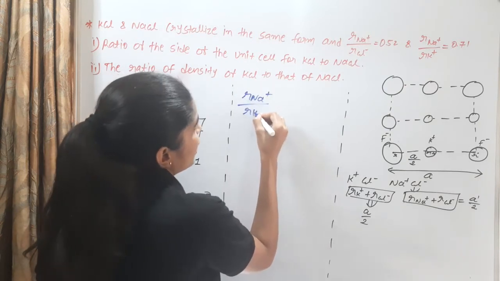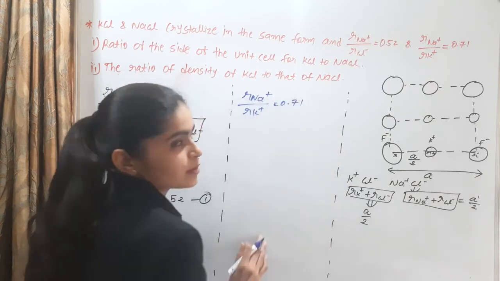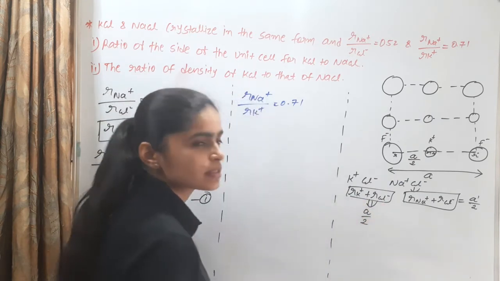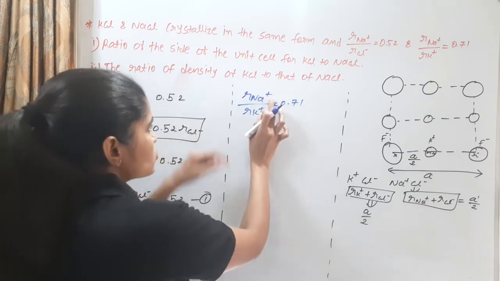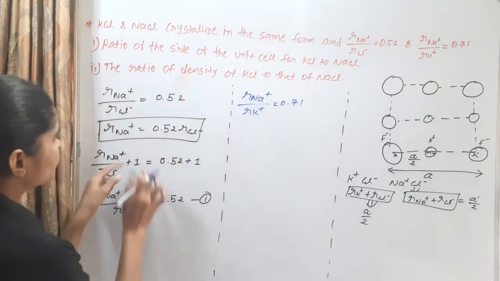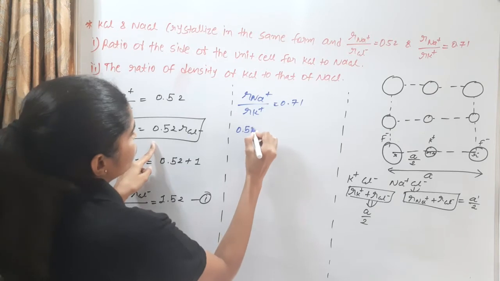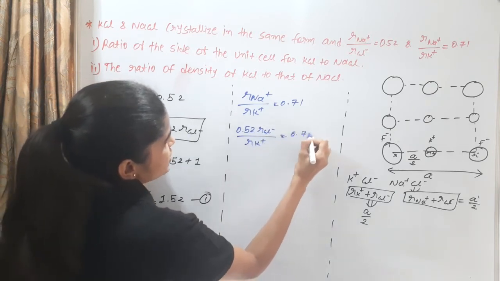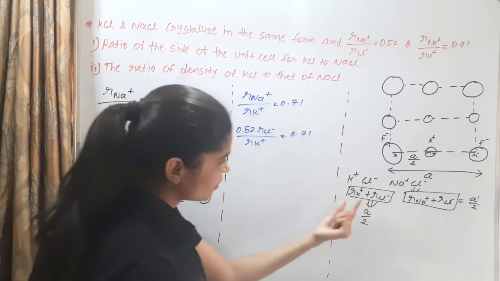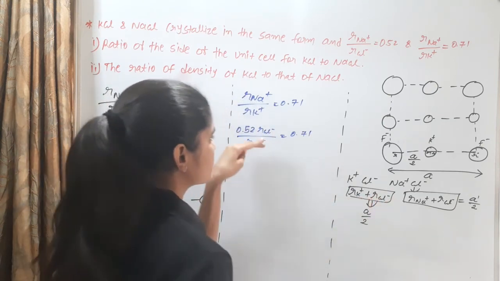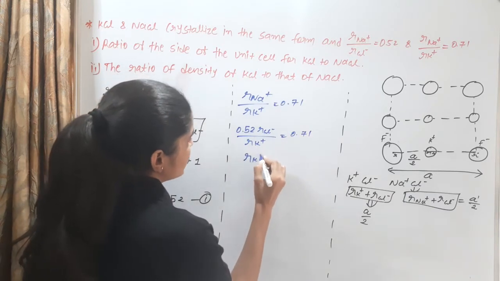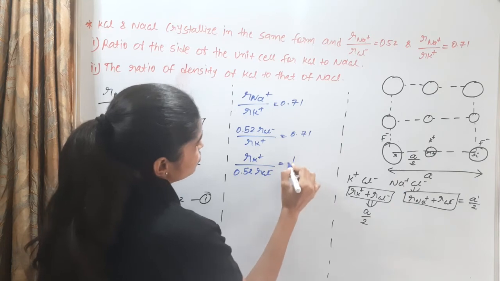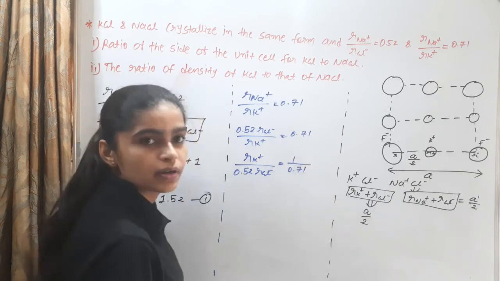r_Na+ upon r_K+ is equal to 0.71. Using this equation we find r_K+ plus r_Cl-. How to find it? Because r_Na+ is equal to 0.52 r_Cl-, so 0.52 r_Cl- upon r_K+ is equal to 0.71. But we need r_K+ by r_Cl-, so inverse this equation: r_K+ upon 0.52 r_Cl- is equal to 1 upon 0.71.